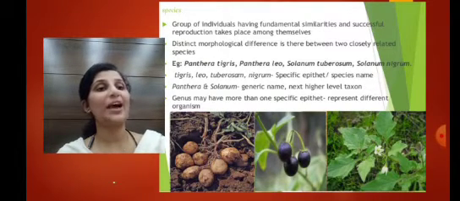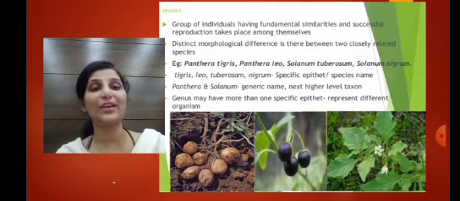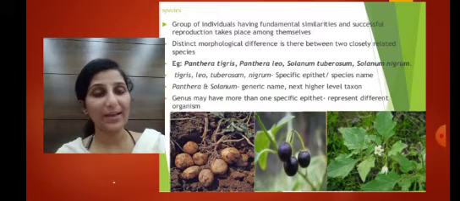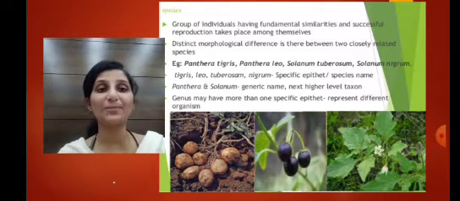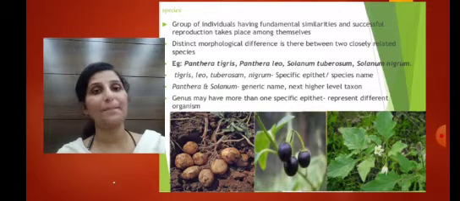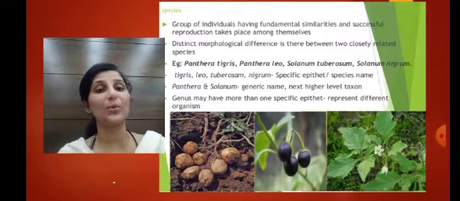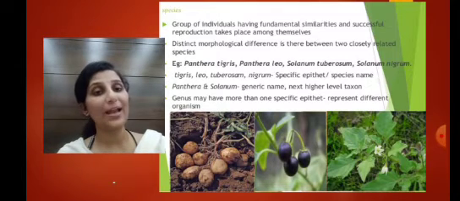A genus may have more than one specific epithet. For example, Panthera is a genus under which there is more than one species: Panthera tigris, Panthera leo, Panthera pardus. And Solanum is a generic name under which come different species: Solanum nigrum, Solanum tuberosum, Solanum melongena.